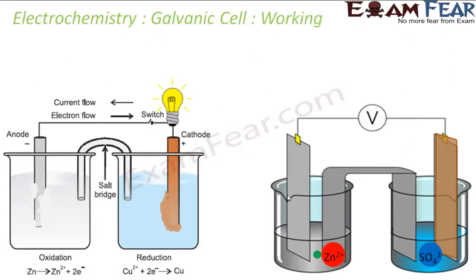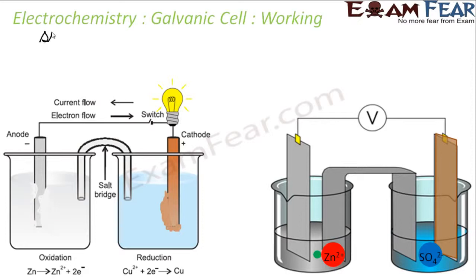Let's start with the working of a galvanic cell. As I've told, this galvanic cell or voltaic cell is nothing but an electrochemical cell. They are electrochemical cells that convert the chemical energy of a spontaneous reaction, or spontaneous redox reaction to be specific, to electrical energy. Right? This is what I have told.